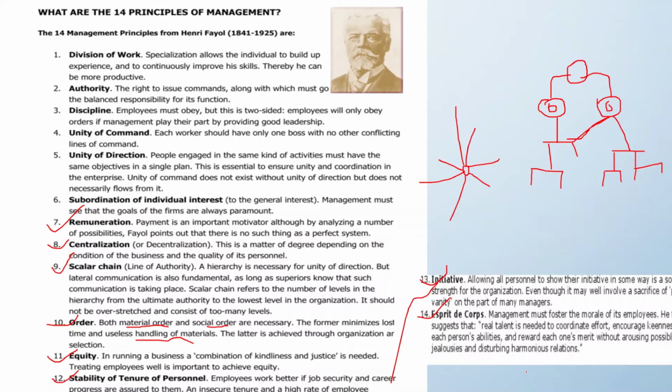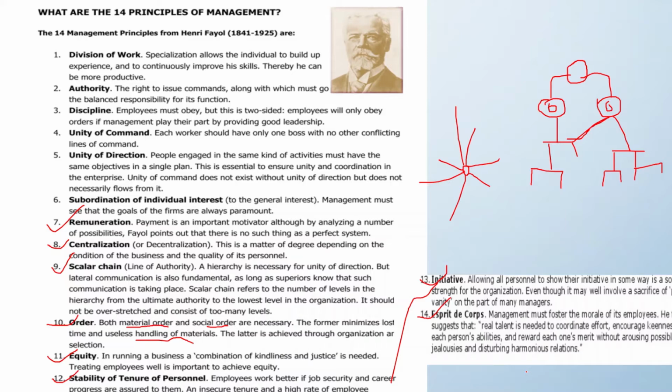So esprit de corps is the group, the common spirit of the group. So the group spirit we have to raise.